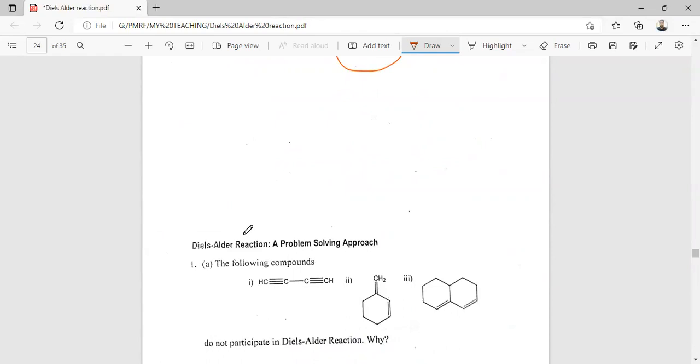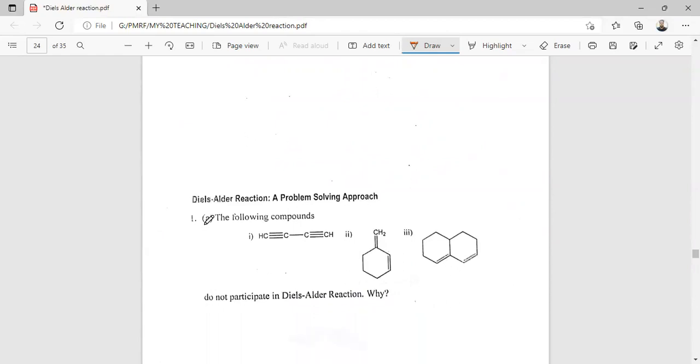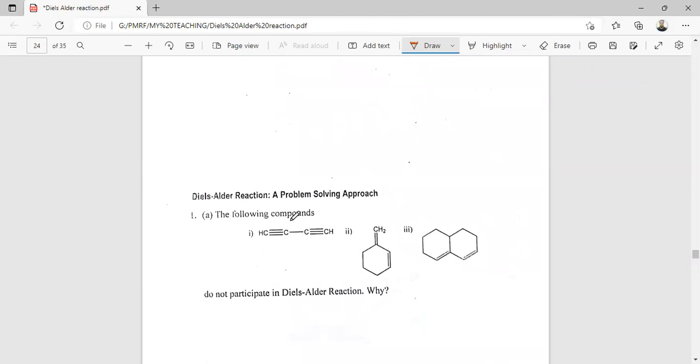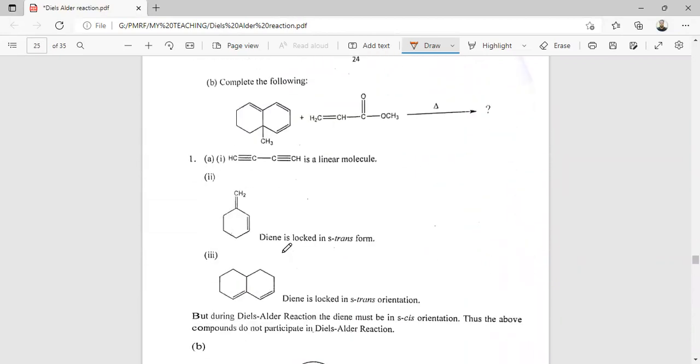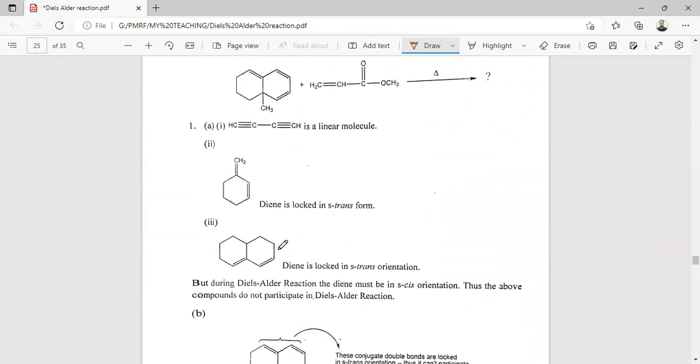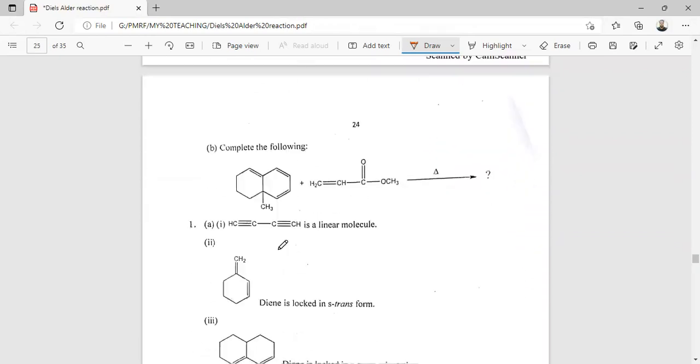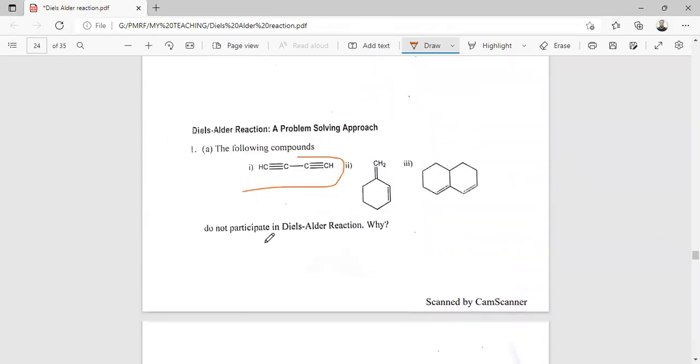So now I'll discuss which of the following compounds do not participate in the Diels Alder reaction and why. These three compounds do not participate in the Diels Alder reaction.